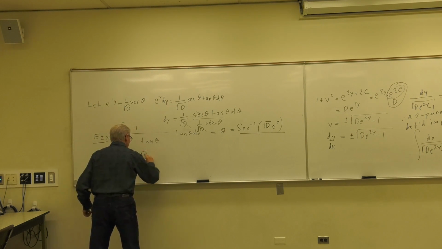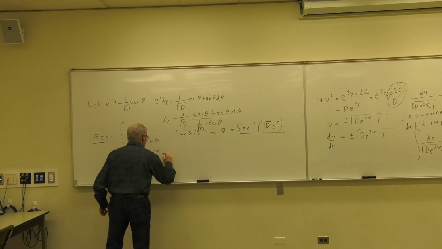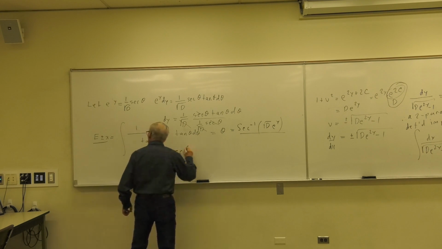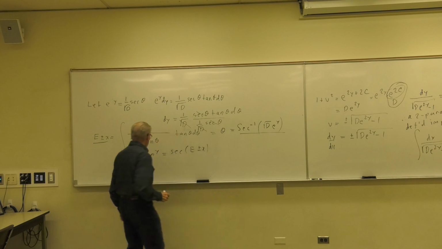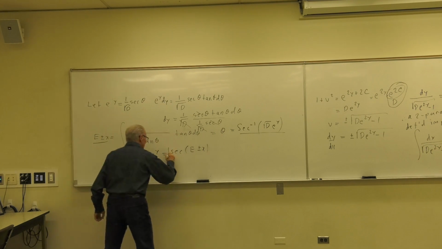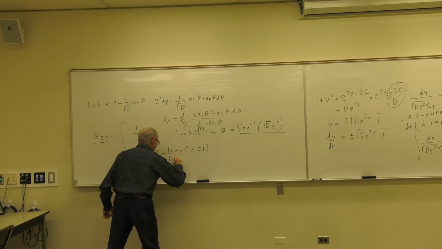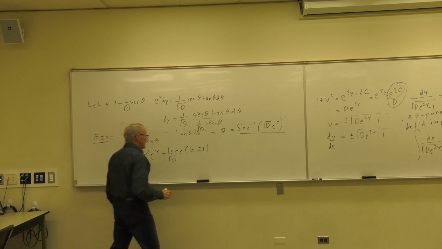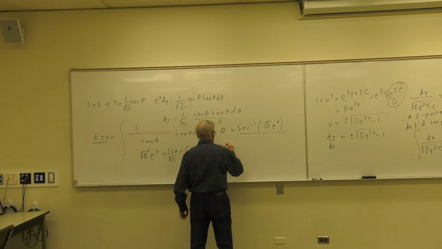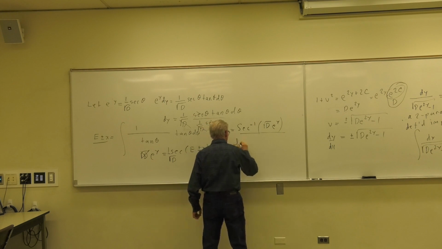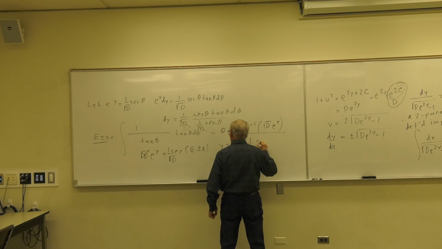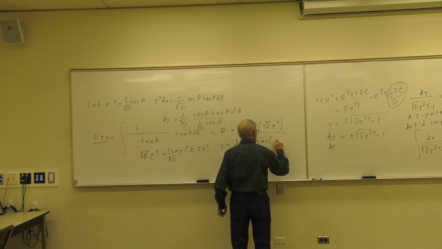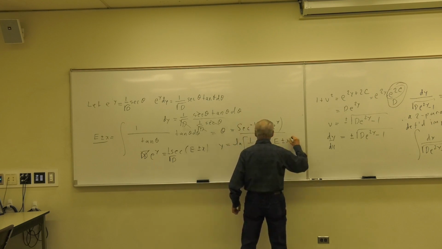Then root d e to the y is equal to the secant of e plus or minus x. Take over the root d. And finally, take logarithms. y is equal to the logarithm of 1 over root d, the secant of e plus or minus x.